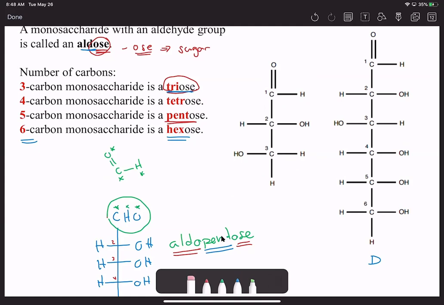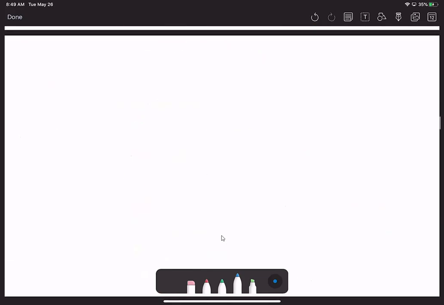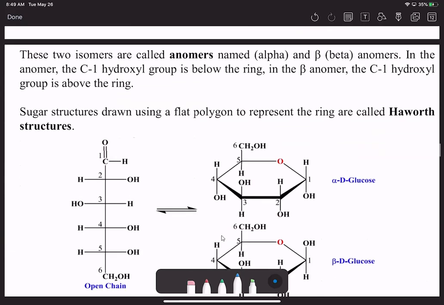Again, this is the D isomer. Don't let these structures fool you. The rule is not to look at the last carbon, look at the second to last carbon. This is the last carbon. This is the second to last carbon. This is the last carbon. This is the second to last carbon. That's where I'm going to look for my D or L isomer. This is D, this is D, because I'm looking at the second to last carbon, not the last carbon. It's always the second to last carbon when we're looking at these structures.